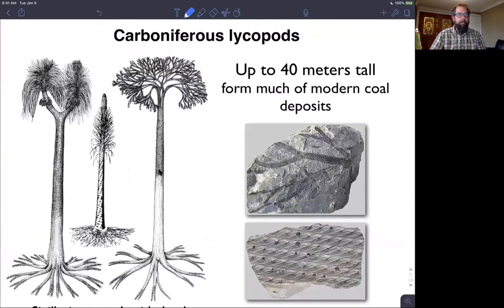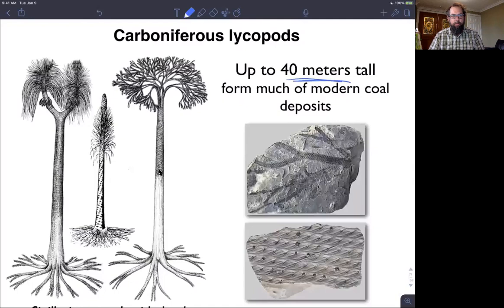And I wanted to remind you that during the Carboniferous, the lycophytes were one of the dominant land plant groups, and actually grew huge. While most of these are small right now, these used to be tree-like, up to 40 meters tall.